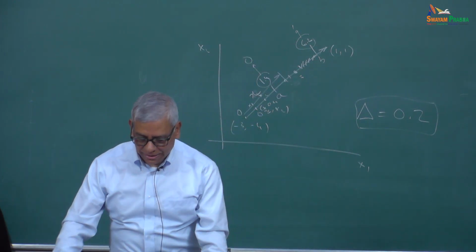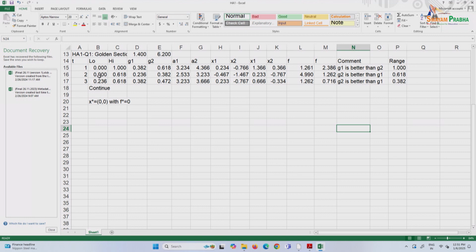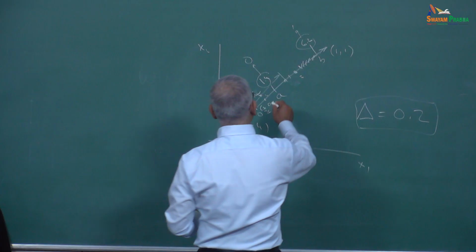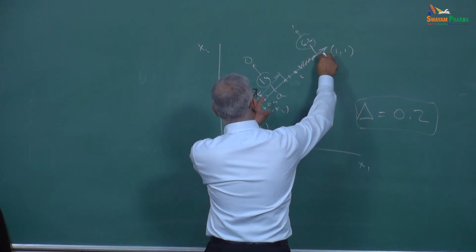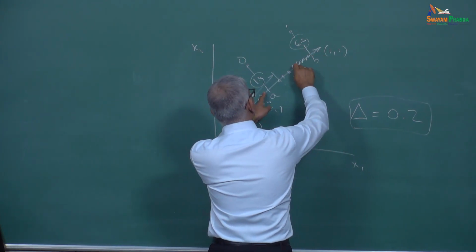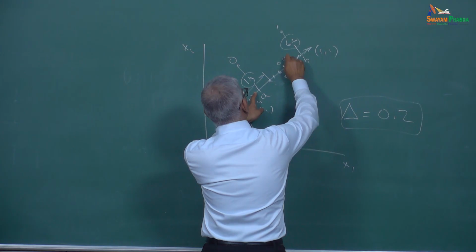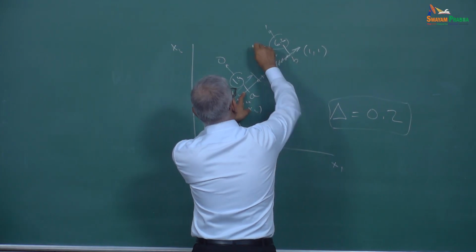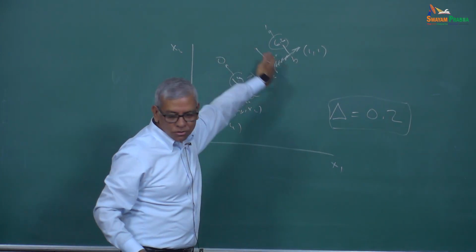So how do you do that? In the next iteration, you see my lower bound is still 0, what I started with, and my upper bound is now 0.618. Previously it was 1. So this is 0 and this is 1. I had my whole thing. Now I eliminated this, so this was at 0.618. So now my upper bound is 0.618.